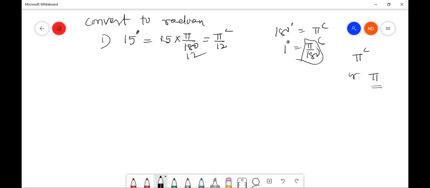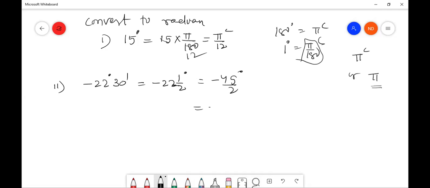The second part is minus 22 degrees 30 minutes. Minus 22 degrees 30 minutes means 22 and a half degrees, so minus 45 by 2 degrees.